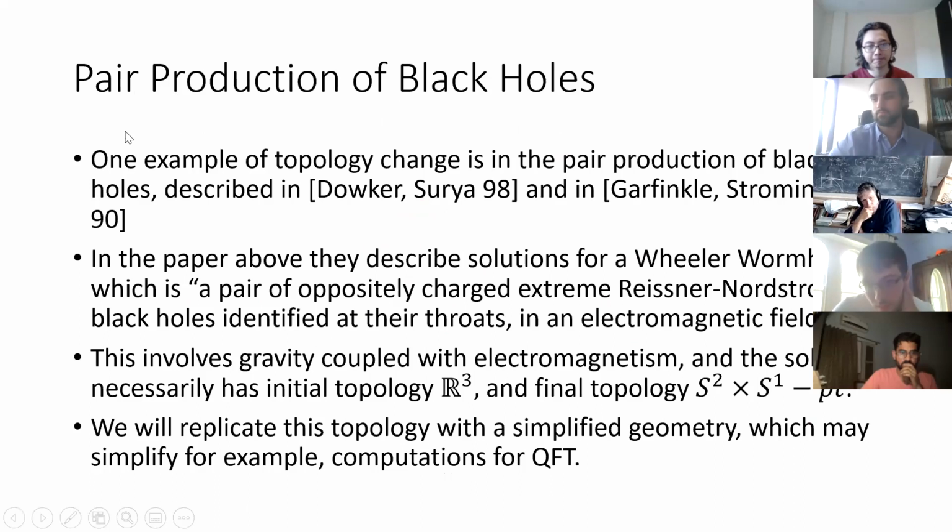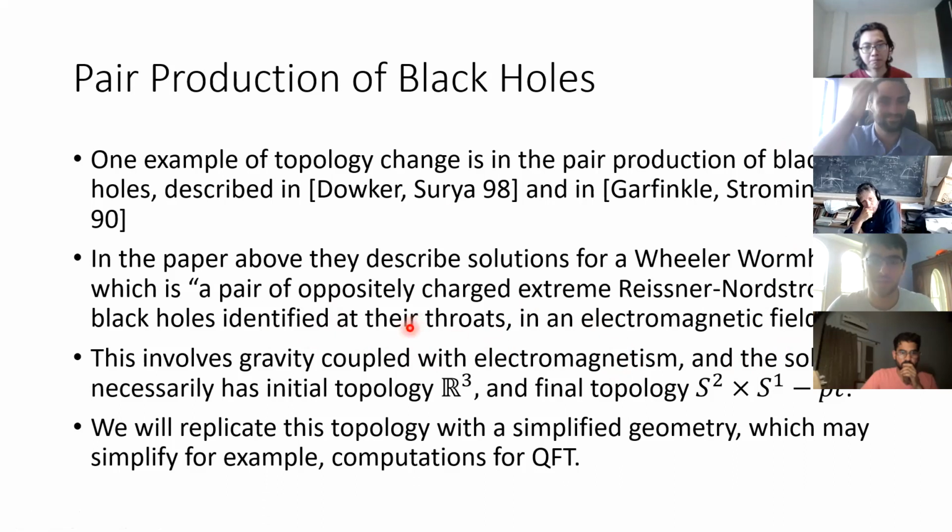Now the topology we're going to look at occurs in the pair production of black holes. It's described in the papers by Dowker and Garfinkle and Strominger above, and they get a particular topology out from solving the equations of gravity coupled with electromagnetism for something called a Wheeler wormhole. It is a pair of oppositely charged extreme Reissner-Nordström black holes that are identified at their throats in an electromagnetic field.